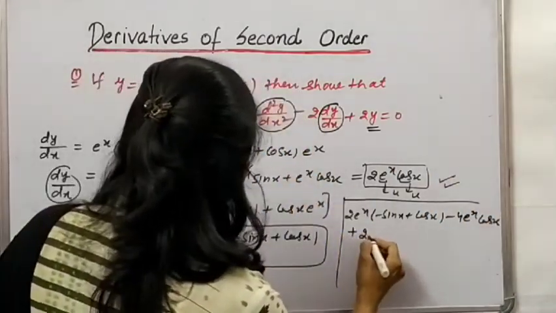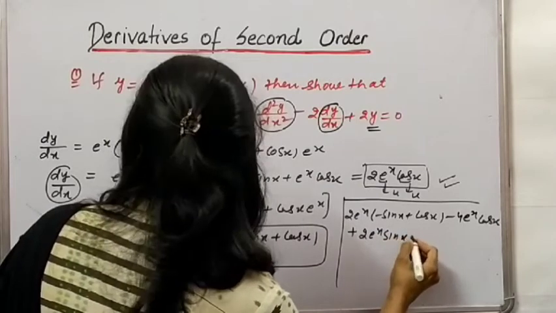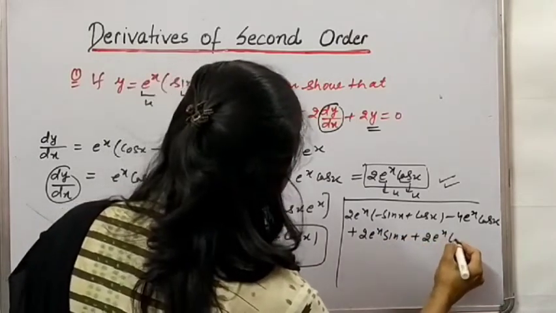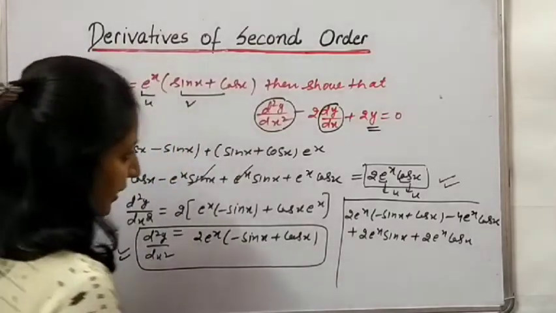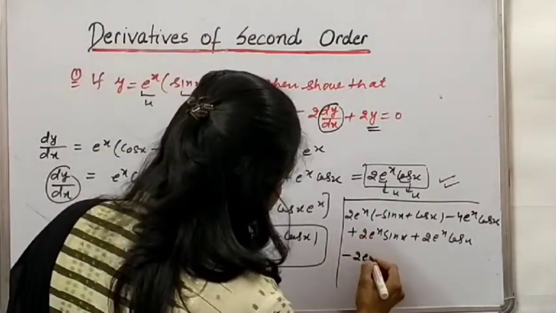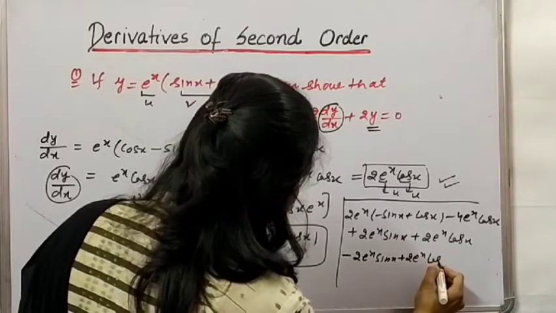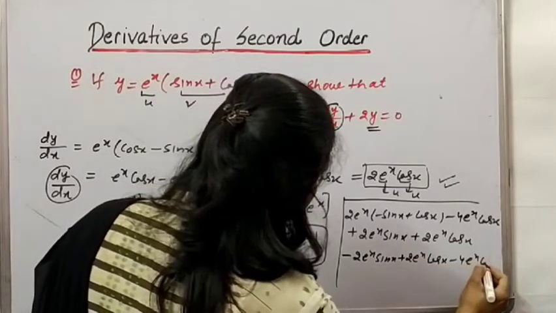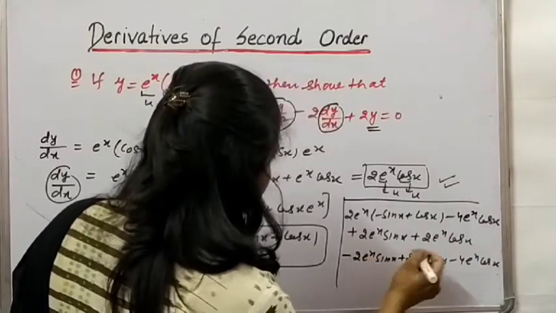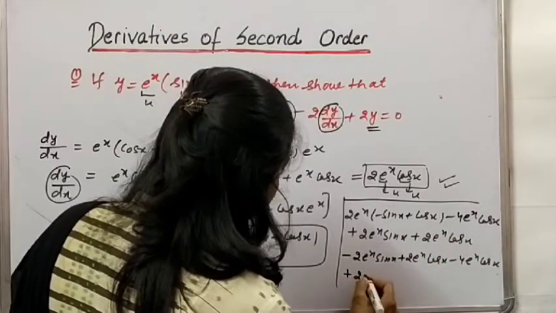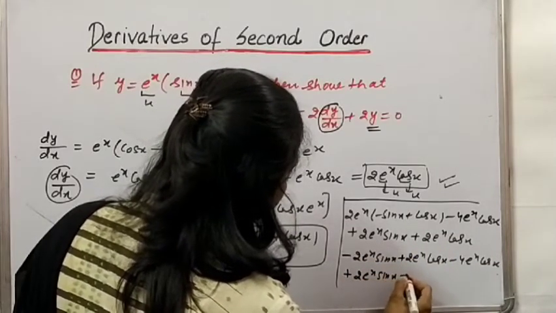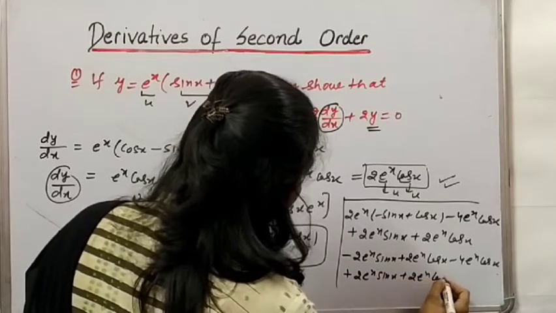So plus 2e raised to power x sin x plus 2e raised to power x cos x, and after simplification let us see, we will get minus 2e raised to power x sin x plus 2e raised to power x cos x minus 4e raised to power x cos x plus 2e raised to power x sin x plus 2e raised to power x cos x.